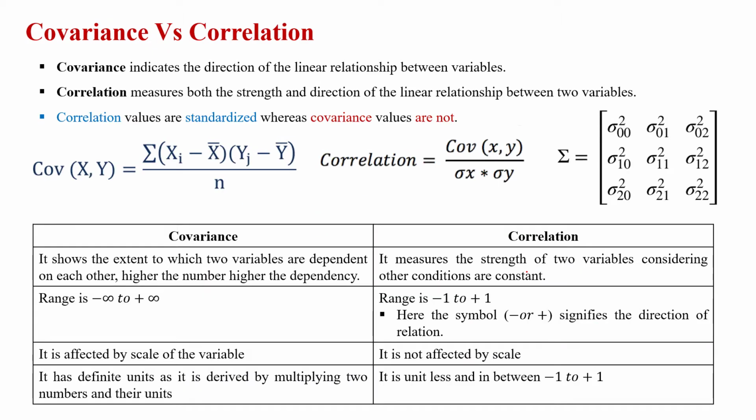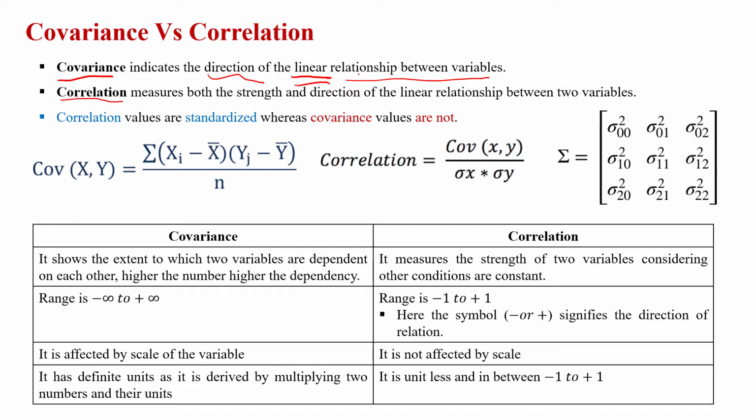Whenever we want to quantify the relationship between variables, we can compute either the covariance or the correlation. So what's the difference? Normally, the covariance indicates the direction of the linear relationship between the variables.